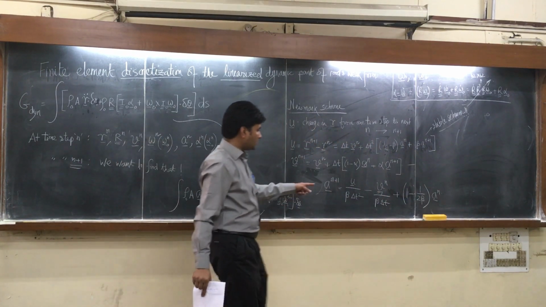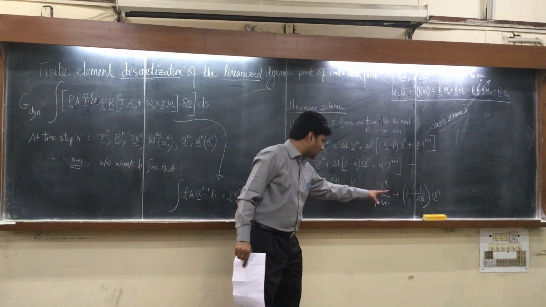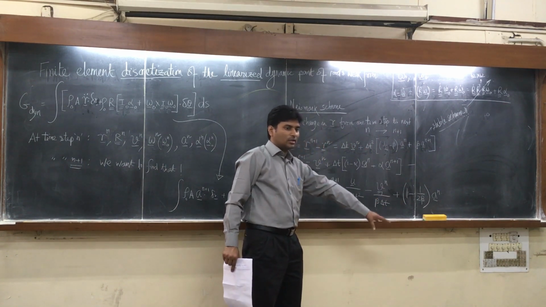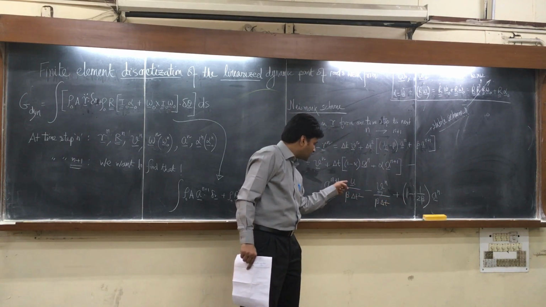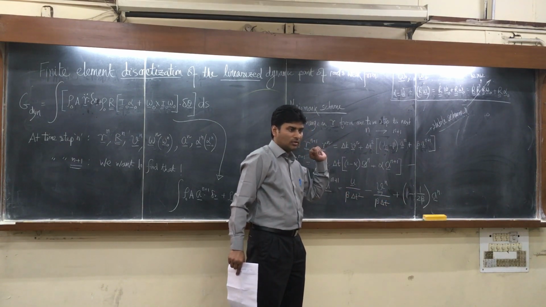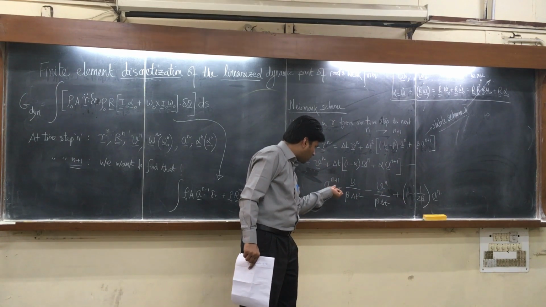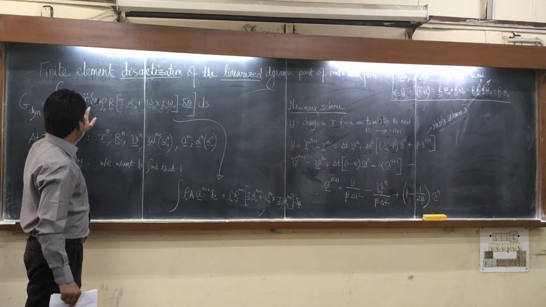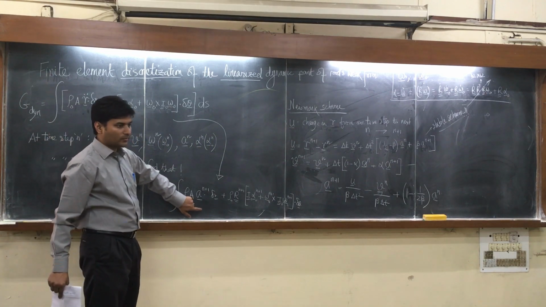Okay, so acceleration at n plus 1, now you are able to write that in terms of the things at the nth step which are known plus this increment which is unknown. So you can substitute this formula for An plus 1 back here in the weak form over here.